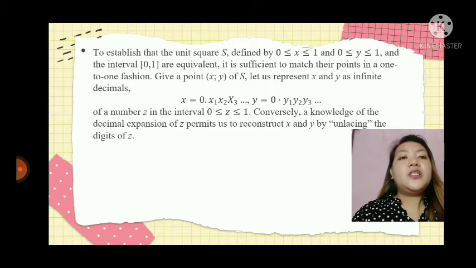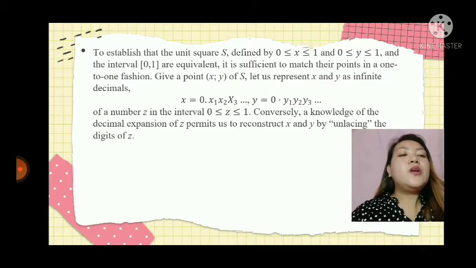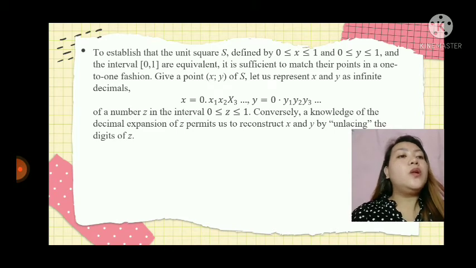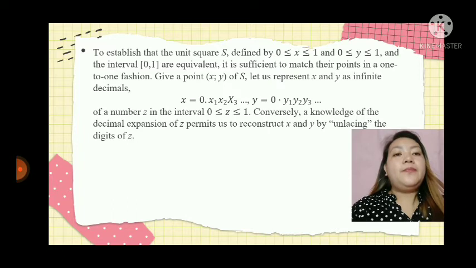To establish that the unit square S, defined by 0 less than or equal to x less than or equal to 1 and 0 less than or equal to y less than or equal to 1, and the interval [0, 1] are equivalent, it is sufficient to match their points in one-to-one fashion.